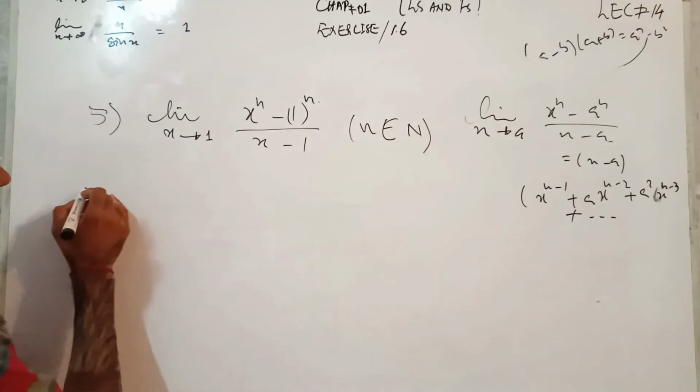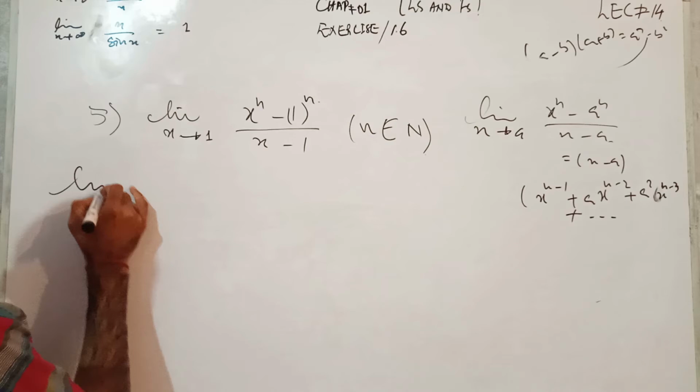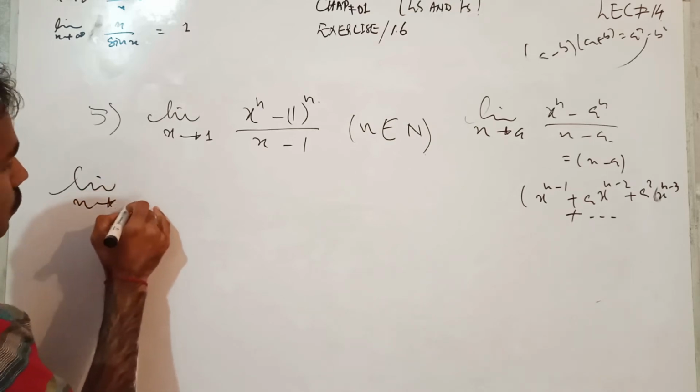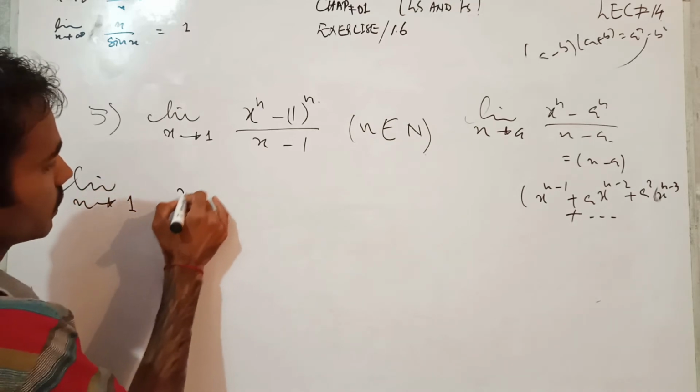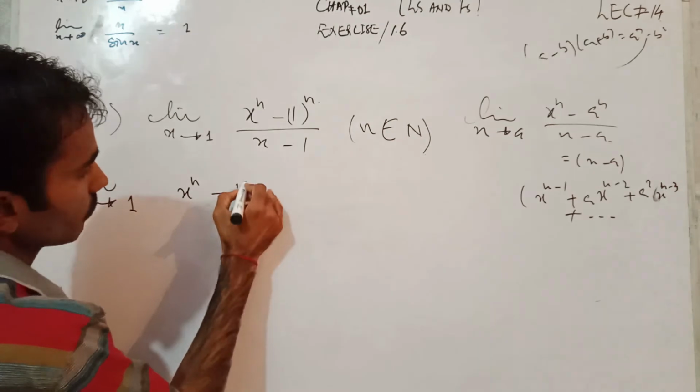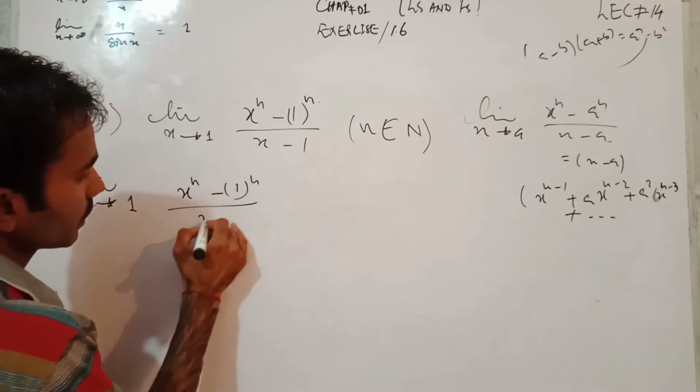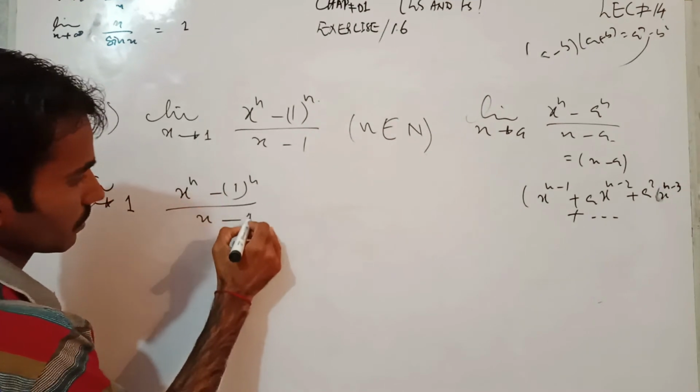So now we will apply the formula. Limit x approaches to 1, x power n minus 1 power n divided by x minus 1.